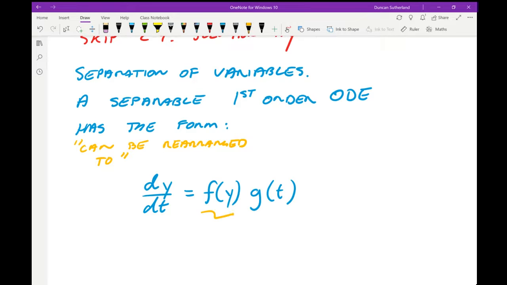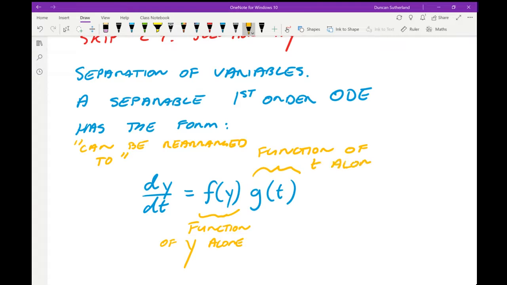Importantly, a function of y alone. So what's happened is that the DE has this magical form where the right-hand side is a product of two functions, one function of y and one function of t.